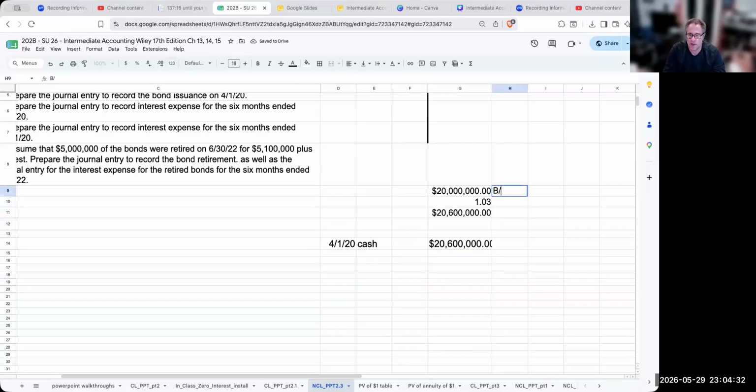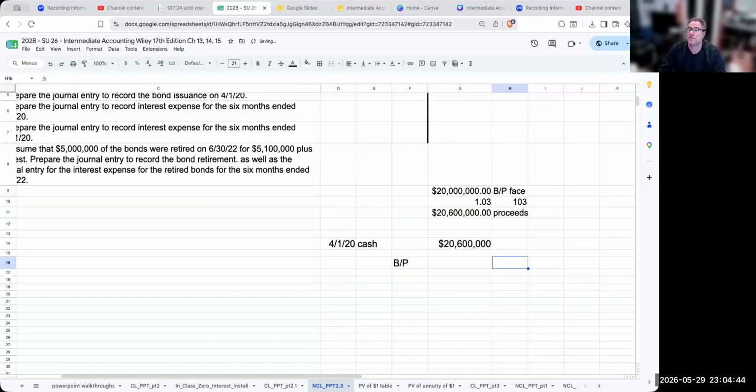So this is bond payable, face, 103 proceeds. Now, what we always want to remember is that we are always going to be crediting the bond payable for the face amount. So this is going to be 20 million.